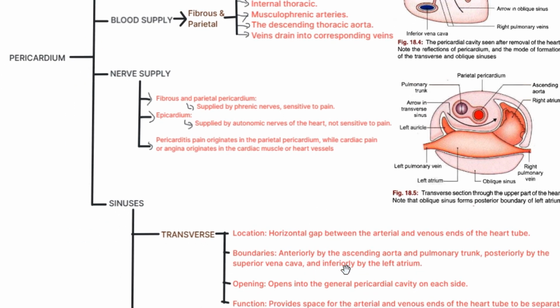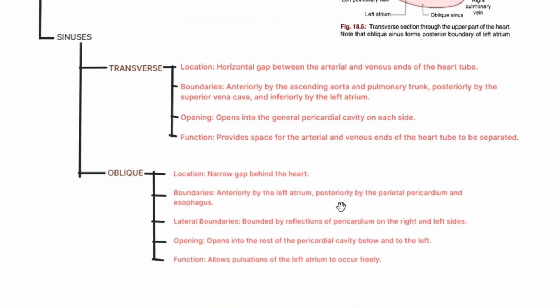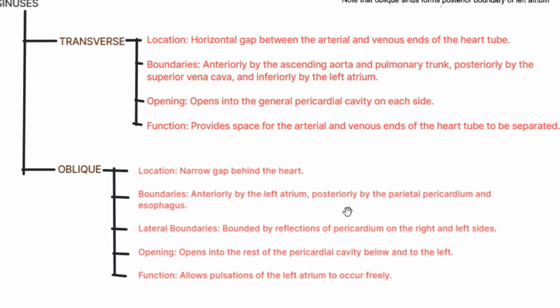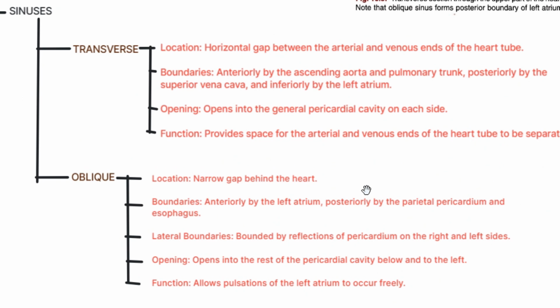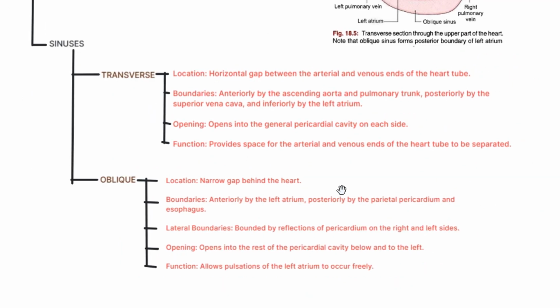So let's move on to the sinuses. We said that the pericardium has two sinuses. We saw the transverse and oblique sinuses in the diagram. The transverse sinus, location wise, is present between the arterial and venous ends of the heart tube.